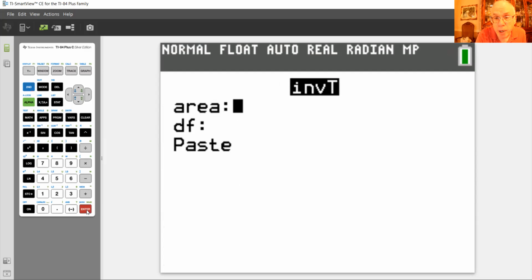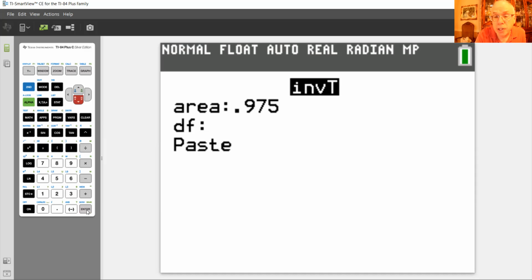We know that the area to the right is 0.025, 2.5%, which is half of 5%. We have 95% in the middle, 2.5% in each tail, add up to 5%. So we have 1 minus 0.025, or 0.975 is our area to the left.